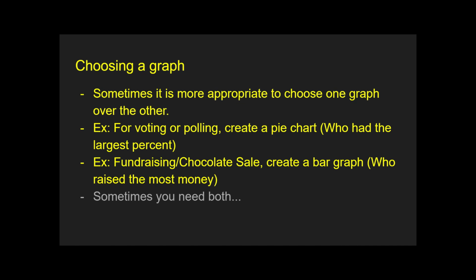For example, if we had a fundraiser at school where each class was competing to raise the most money, we could give each class their own bar, and we could then show who did the best in that fundraiser. And there are also situations where it's best to use both, and that'll come up occasionally as well.